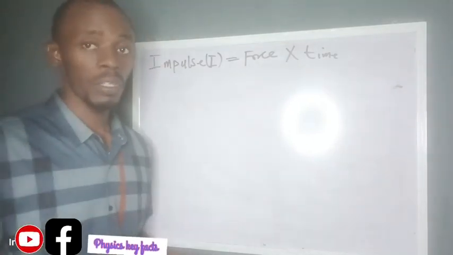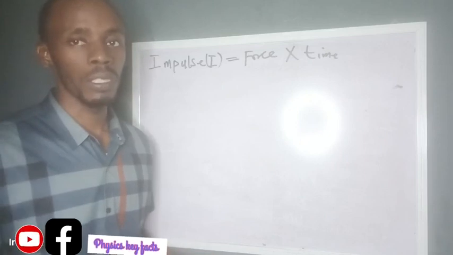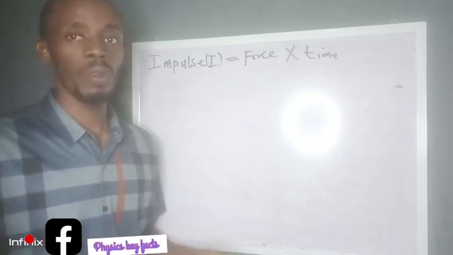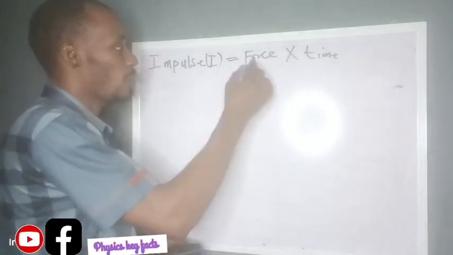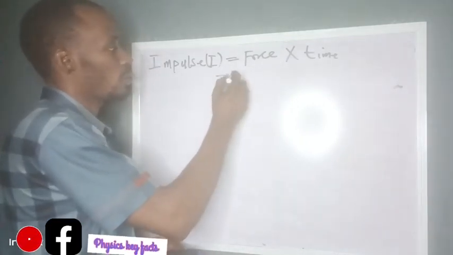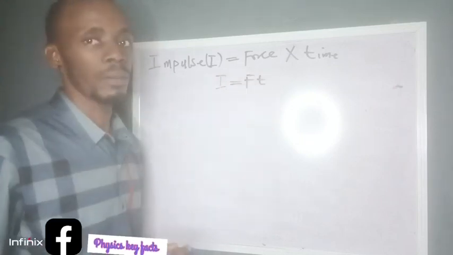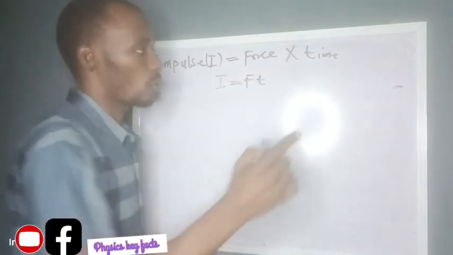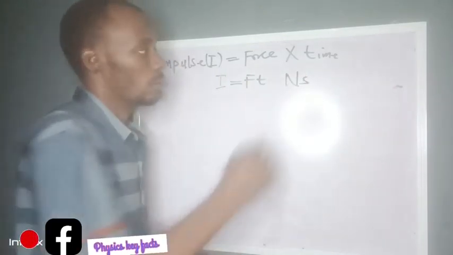We defined momentum in our previous class as the product of mass and velocity. When there's a change in momentum, impulse also has taken place. So the first formula for impulse is simply I is equal to F and T. And the unit for impulse is Newton second.